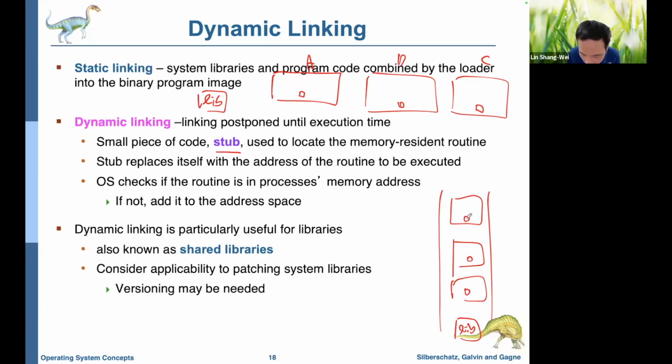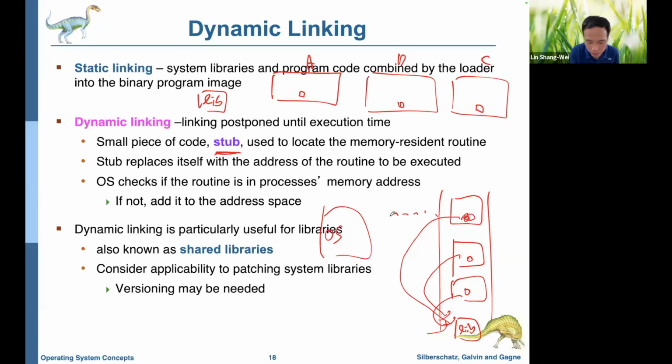For example, whenever you want to execute this library, you go to the stub for the execution. It's kind of an indirect invocation. And of course, this stub will communicate with the OS. When you execute the stub, it's kind of a system call. Every time you want to execute this library, you generate a system call to notify the OS.